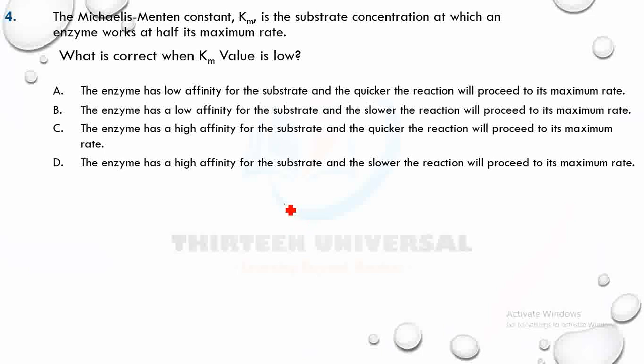Don't forget that Km is inversely proportional to enzyme affinity. Enzyme affinity is the tendency of an enzyme to combine with its substrate. So when Km increases, the affinity of the enzyme decreases.